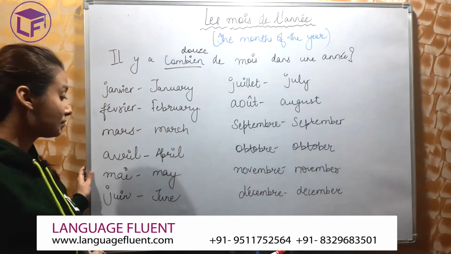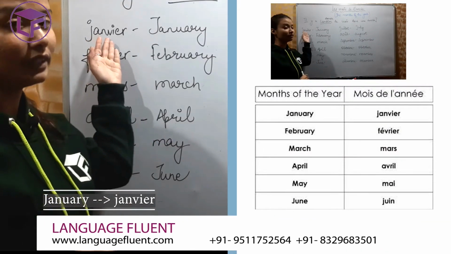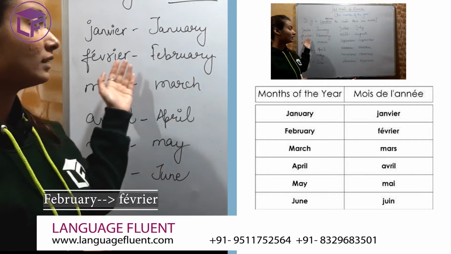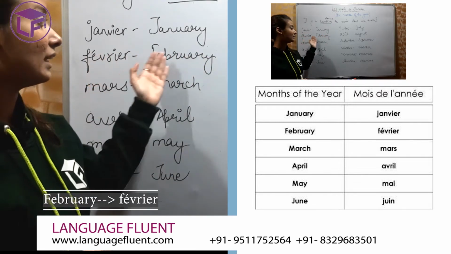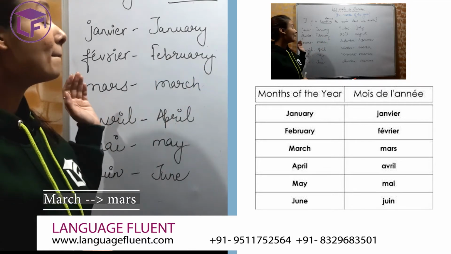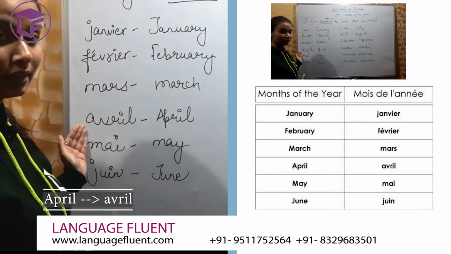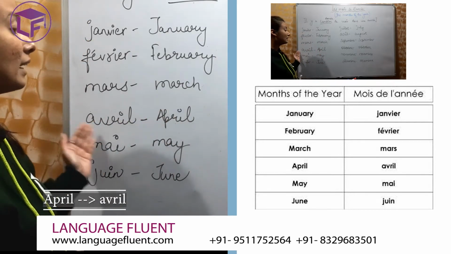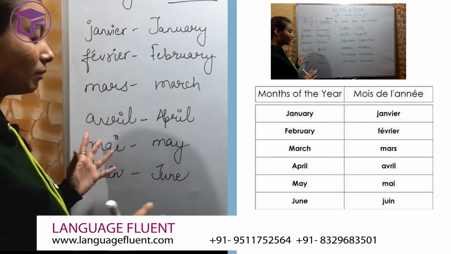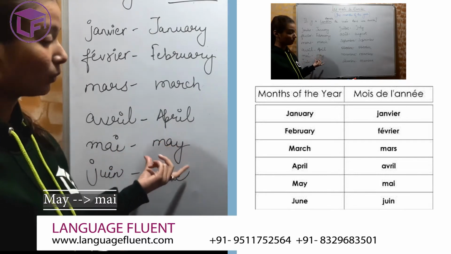Here we have, first of all, janvier, that is January, février, that is February, mars, that is March, avril, that is April. May is pronounced similarly in English and in French, quite similar.